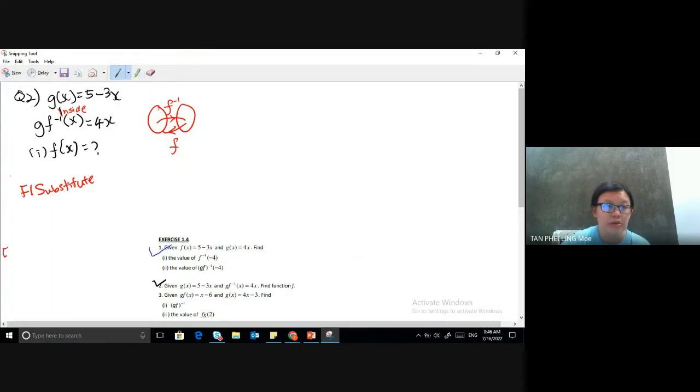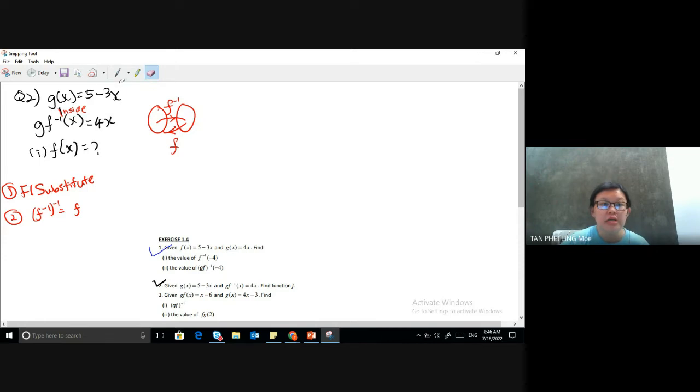The very first one is find inside, substitute. Second one is find the inverse of f inverse, which will be f. Agree? So that's 2 steps here.